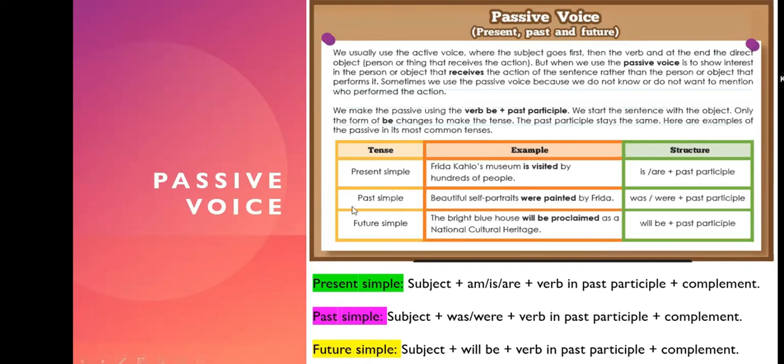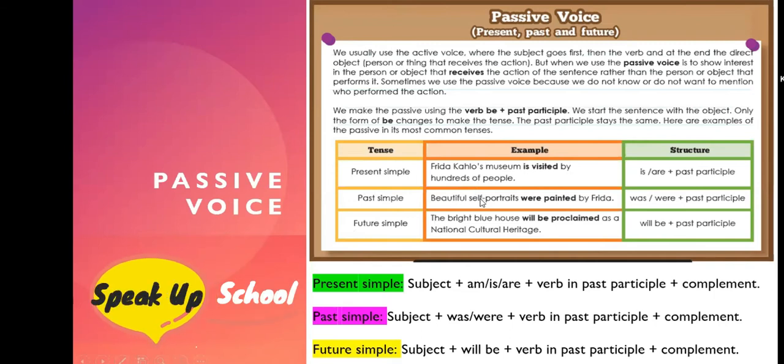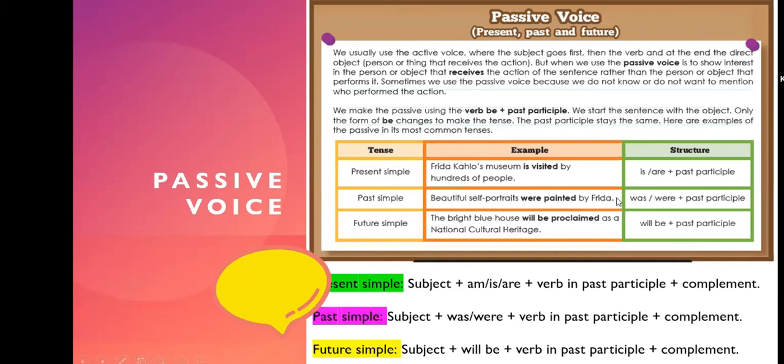Then we have past simple, okay? Beautiful self-portraits were painted by Frida. So the object is the self-portraits, okay? We're talking about the self-portraits. We are not talking about Frida. Active voice would be Frida painted a lot of beautiful self-portraits.